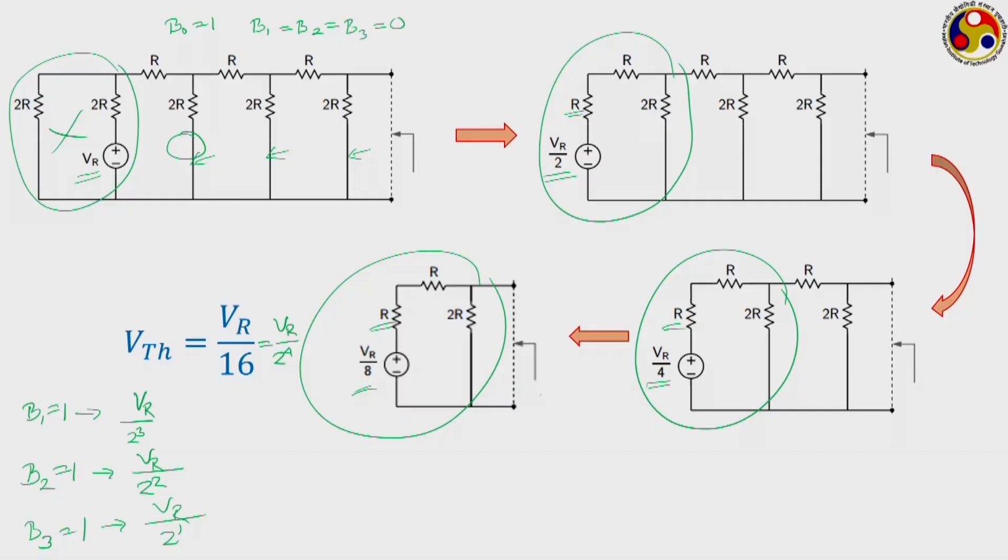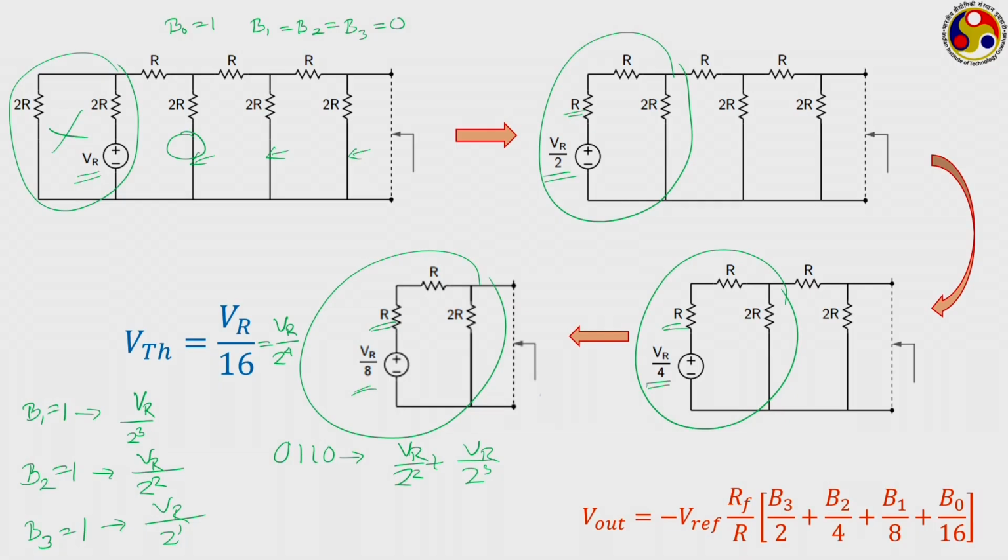So, when we have an input say 0 1 1 0, then what will be your voltage? The most significant bit is not there, the next one is 1. So B2 is 1, so it will contribute VR by 2 square, B3 is 1, that will contribute VR by 2 cube, least significant is 0, so that will not contribute anything.